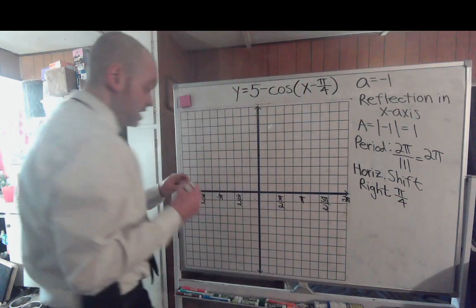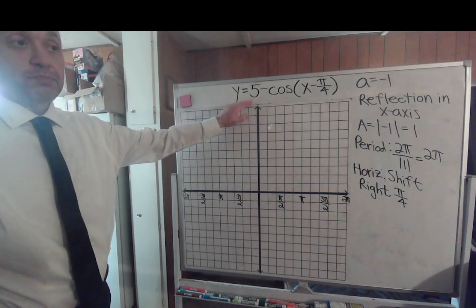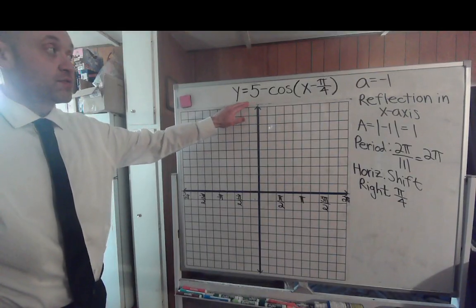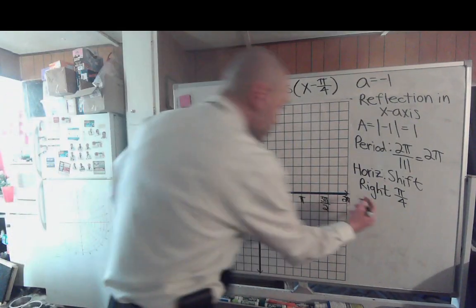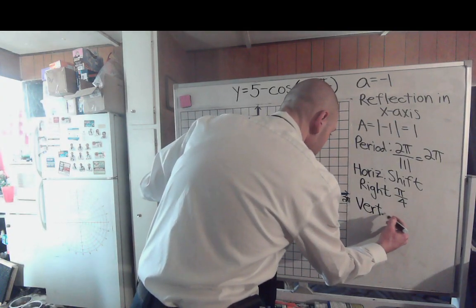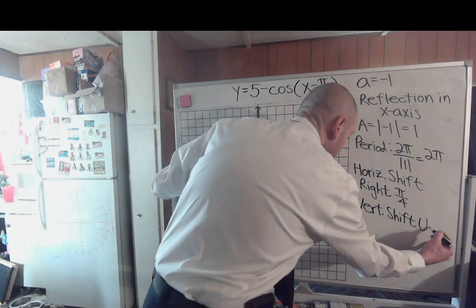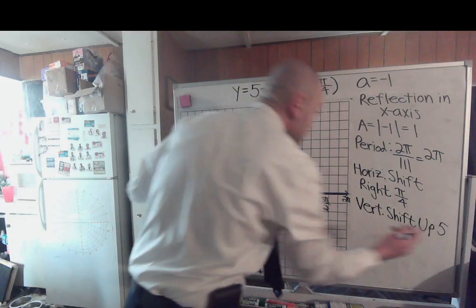Okay. Now, let's look at that 5. That's a positive 5 outside of all this, right? We also have a vertical shift. So you're going to have a vertical shift up 5 units. So now you have both horizontal and vertical shifts going.